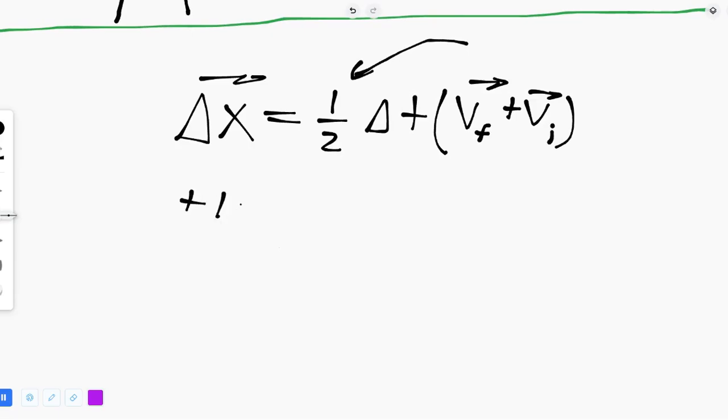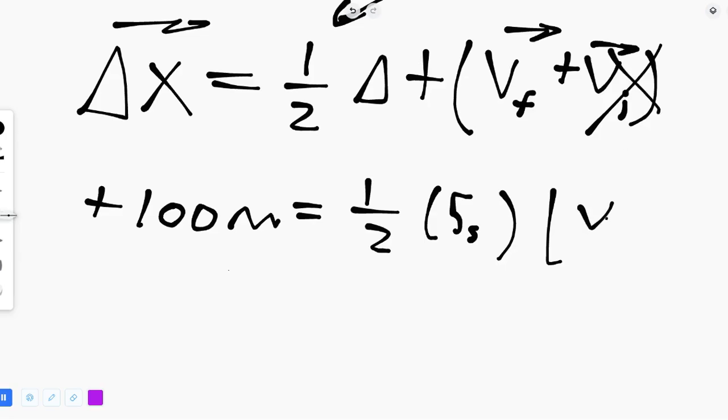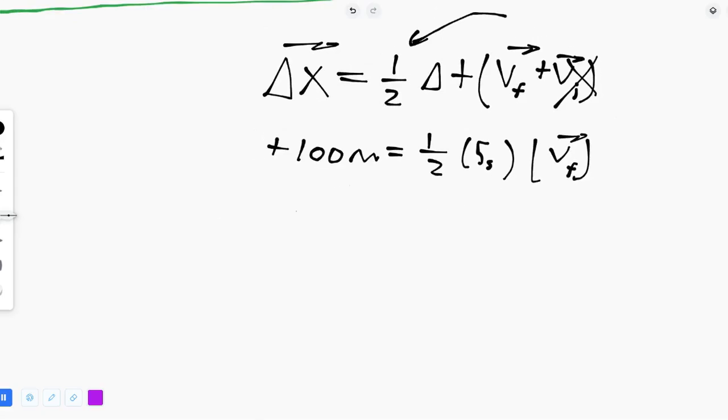And then I'm going to fill in all the numbers. So positive 100 meters equals 1/2 times 5 seconds. And then VI is equal to 0. So we can take that out. And then it's just VF. Okay.